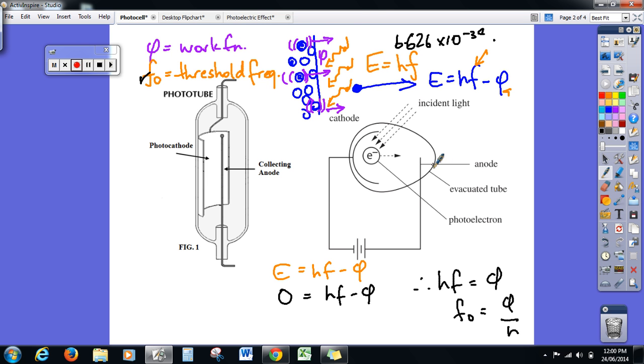So why is this important? Well, this is important because we have to select the correct photocathode in such a way that we can turn the lights on and off at sensitive levels of light.